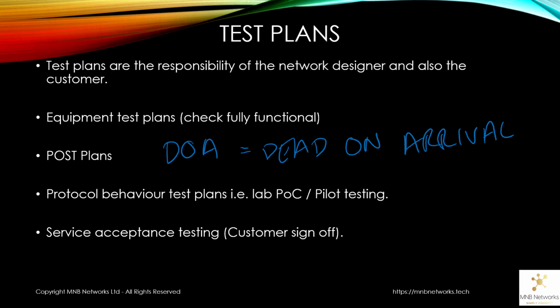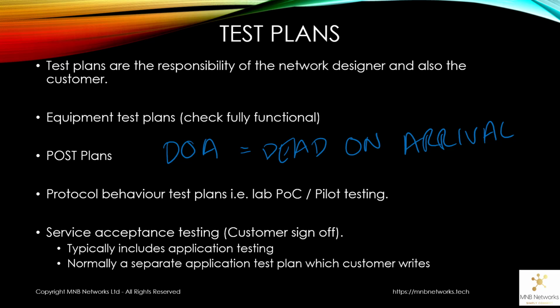This is where the customer probably has more responsibility for defining what applications they want to test and how they should be performing. So that's a bit more of a joint effort between the customer and the consultant or the network designer/engineer. And it's normally a separate test plan on its own, because it's quite different doing an application test plan versus a network equipment test plan.